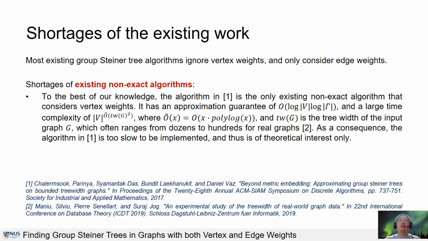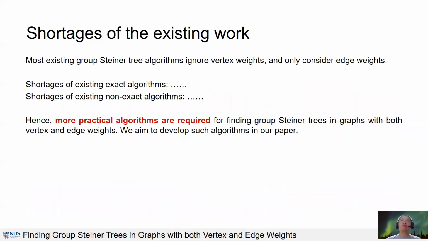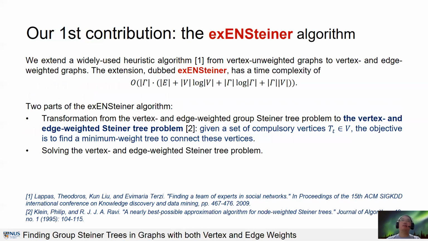As a consequence, this algorithm is too slow to be implemented and is of theoretical interest only. Hence, more practical algorithms are required for solving the studied problem. We aim to develop such algorithms in our paper.